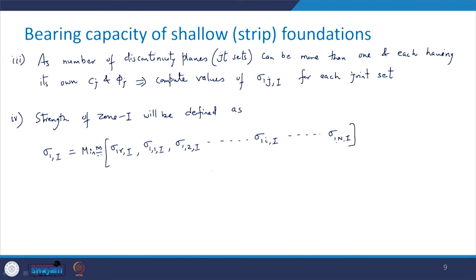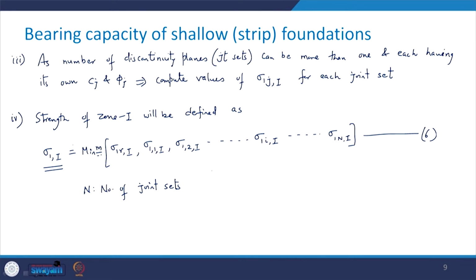So whichever is going to give you the minimum value, that is going to be defined as the strength in zone 1, where this capital N is giving us the number of joint sets. So I will make this equation as equation number 6.